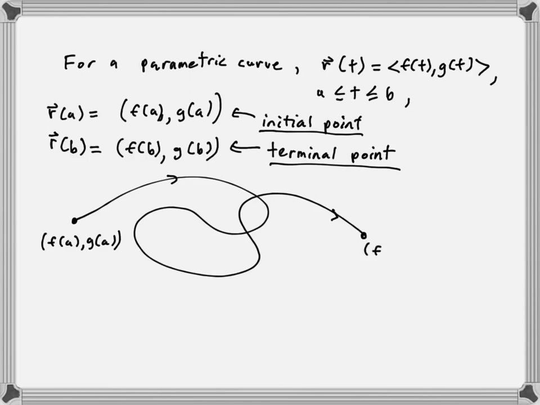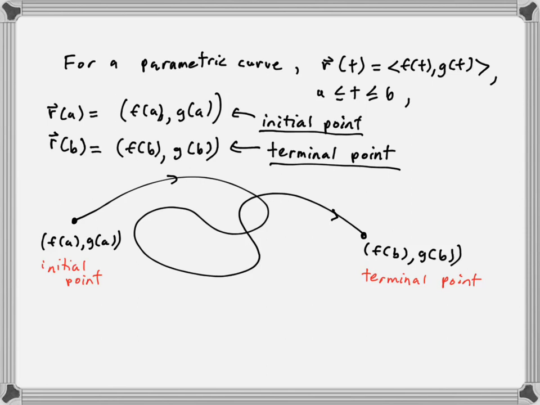And this would be the point f of b, g of b. So this would be the initial point, and this would be the terminal point. Of course, we use a solid dot if it reaches that, but if it doesn't quite reach it, but it goes infinitely close, we will put an open dot there. I will do an example like that later. Okay?